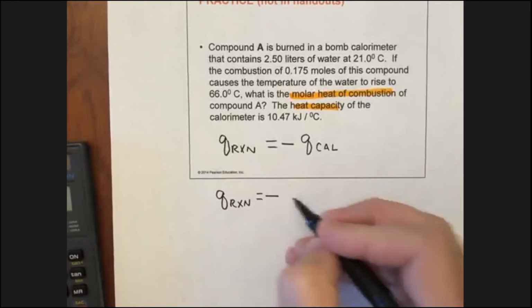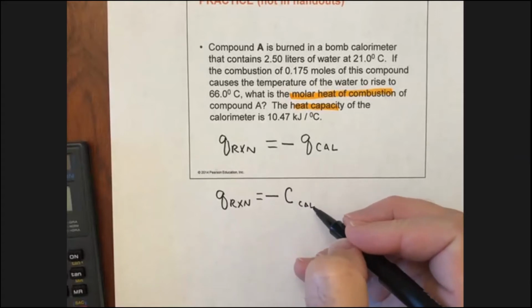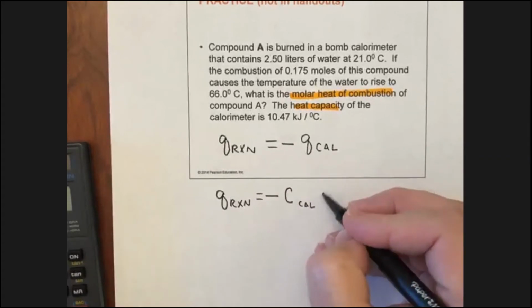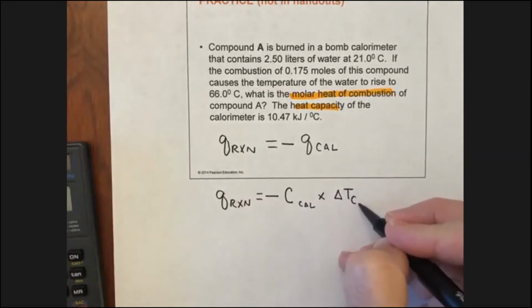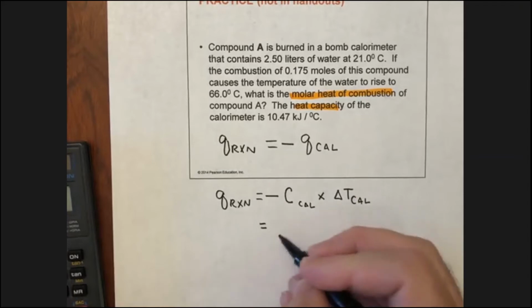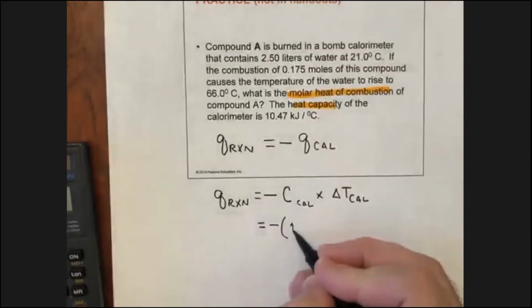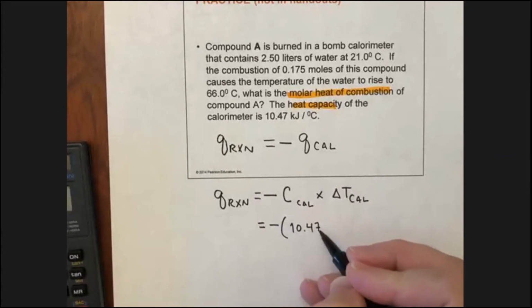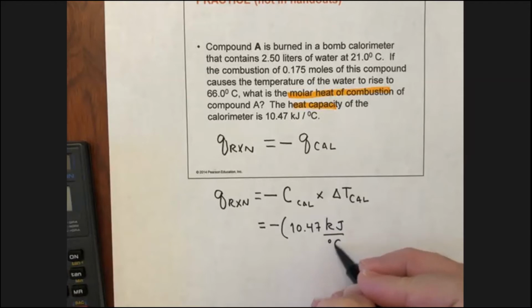It would be minus the heat capacity of the calorimeter times delta T of the calorimeter. Let's see what that is. Minus heat capacity calorimeter is 10.47 kilojoules per degree Celsius.